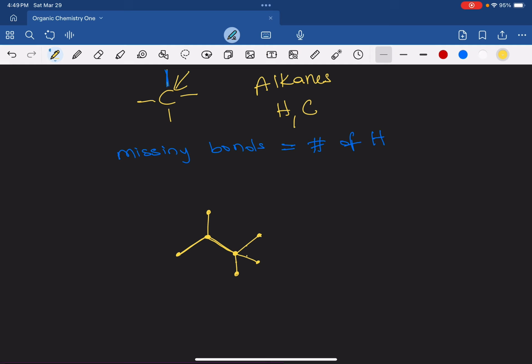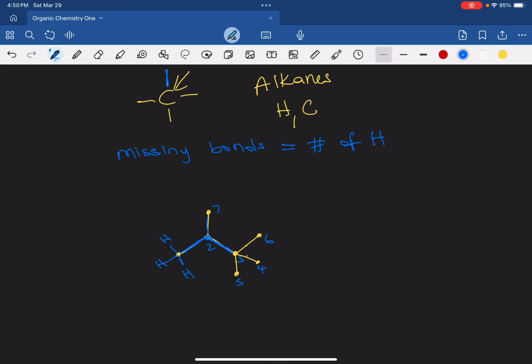Now let's talk about the number of hydrogens on here. Carbon 1, I only see one bond, which means three are missing. The three missing ones are my hydrogens. On carbon number 2, I see one, two, three bonds.